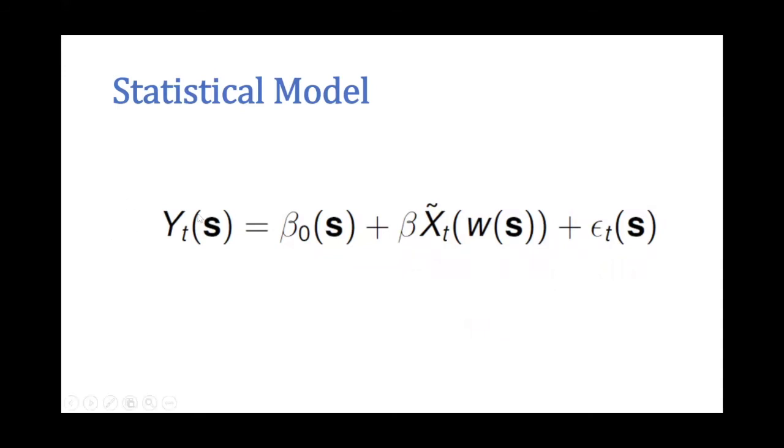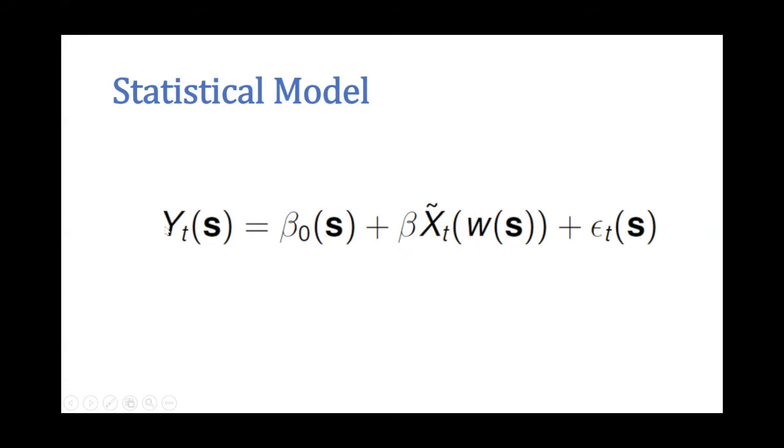So the statistical model in use here looks like this. Y_t of s is the manifestation observations at time t and location s, while X stands for our forecast at time t. And instead of looking at location s, we look at a warped location s. So this w of s is that mapping that we talked about, the warping function that maps one location s to another location that is w of s.